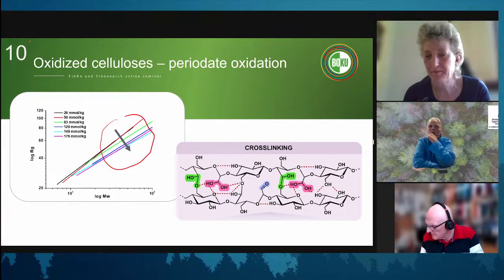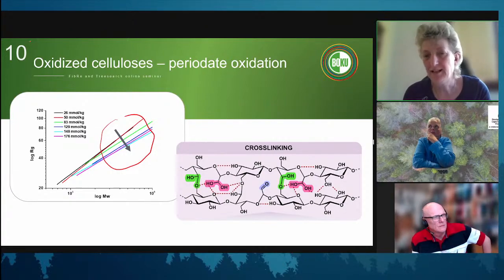I don't think we have directly tested that. No. I somehow doubt it, because the shrinkage is so massive. I mean, it's not orders of magnitude, but a factor of many. But cellulose, in a way, is surrounded by water.